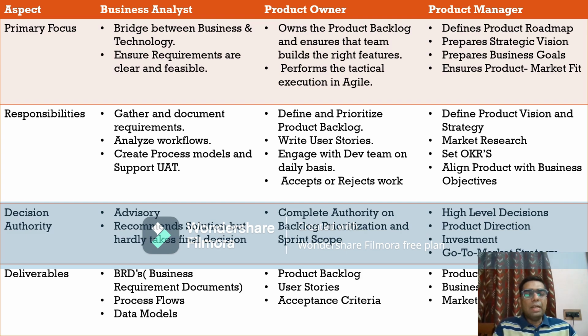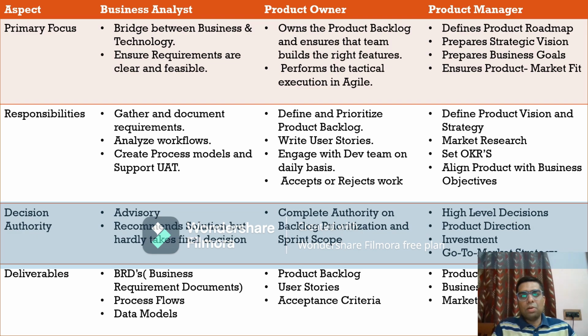Okay. In terms of the responsibilities, a business analyst needs to gather and document requirements. They need to analyze the workflows. They also need to create process models and support UAT. A product owner needs to define and prioritize the product backlog.